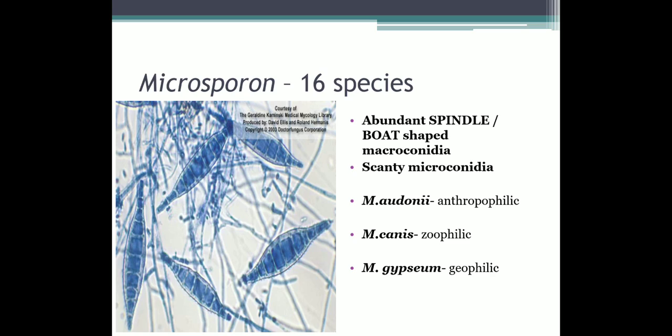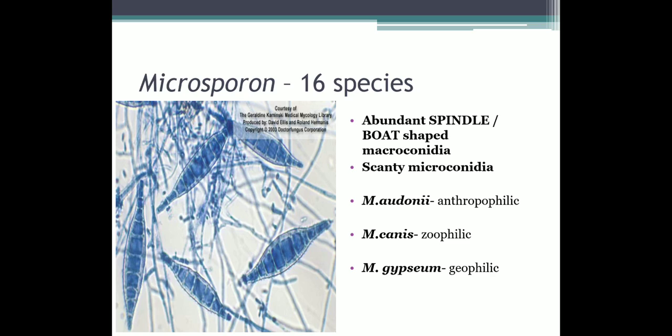Again, you have principally three main species: audouinii, canis and gypseum. Audouinii is anthropophilic, canis zoophilic, and Microsporum gypseum is geophilic. However, according to the recent phylogenetic classification, Microsporum gypseum has been reclassified or renamed as Nannizzia gypsea.